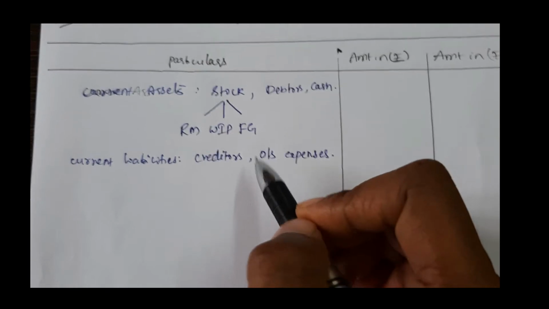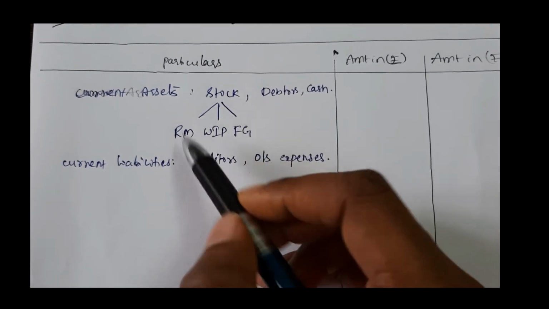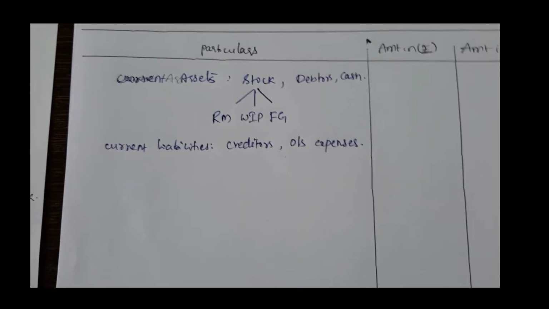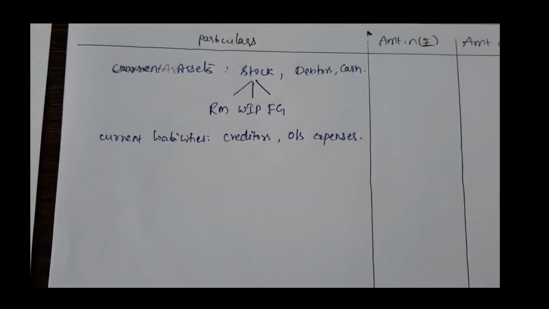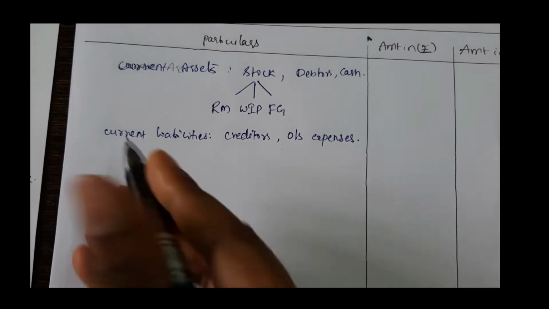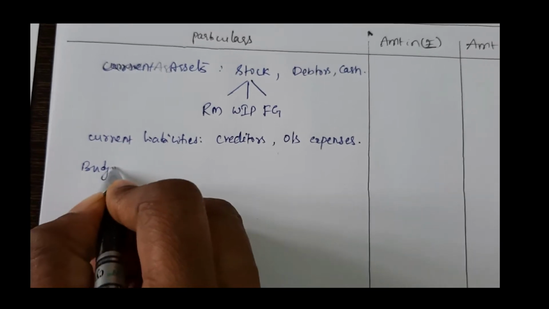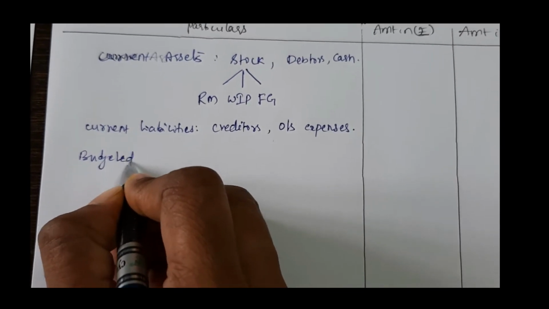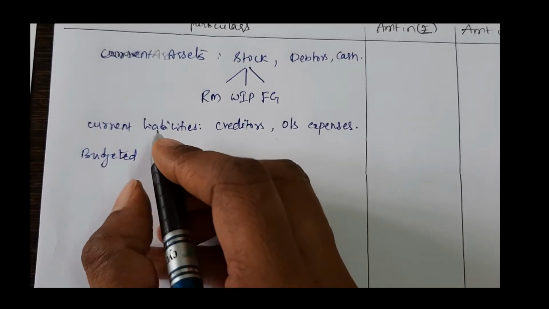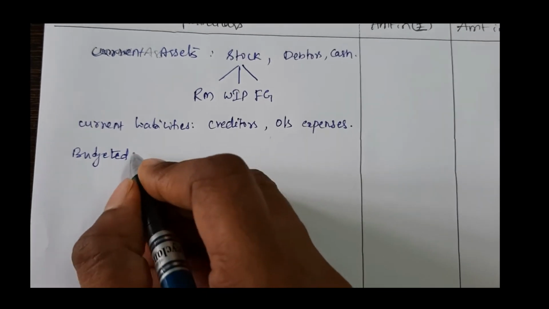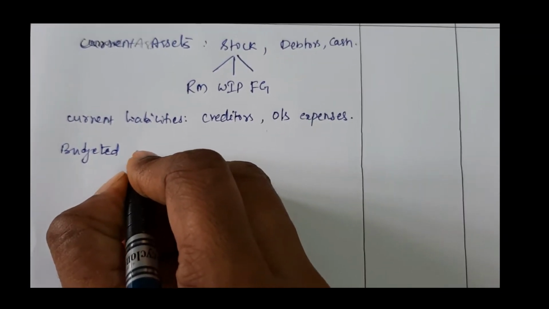So value of each component of these current assets and current liabilities will be calculated by using a formula, budgeted estimation.